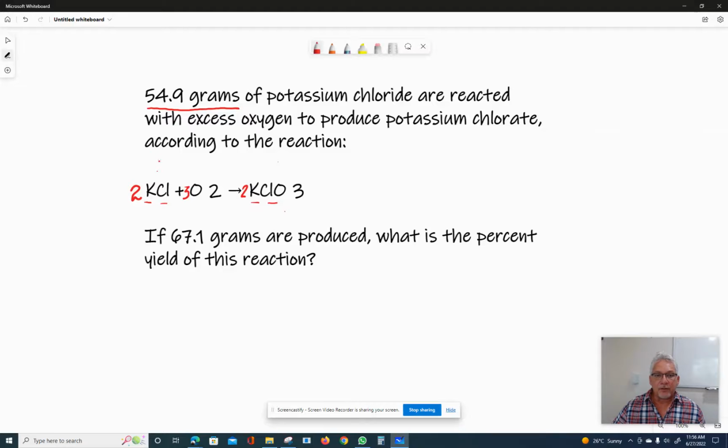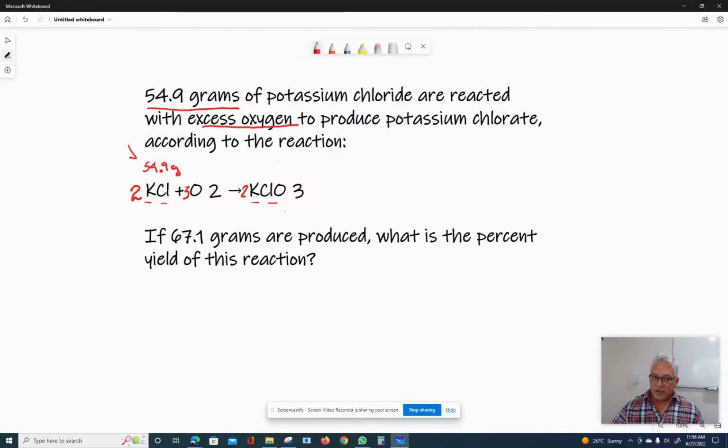So we have 54.9 gram of potassium chloride, and they say it is reacted with excess of oxygen. So we don't have a limiting reactant here because there is an excess of oxygen. So we have plenty of oxygen to react.